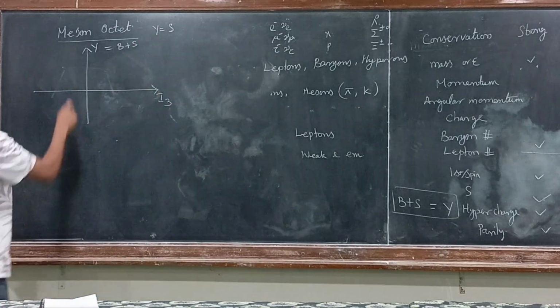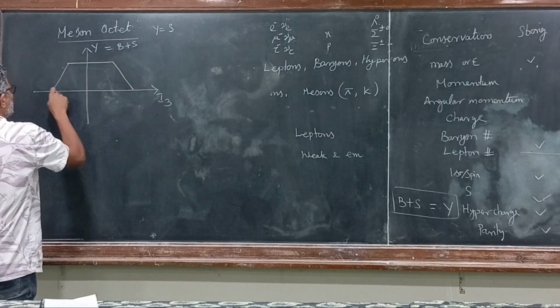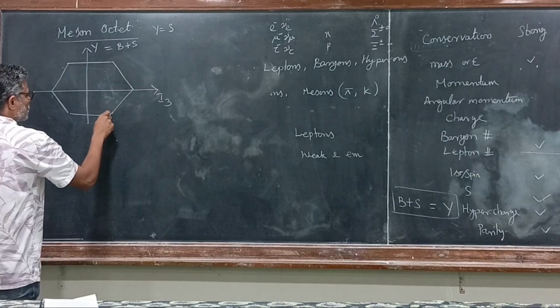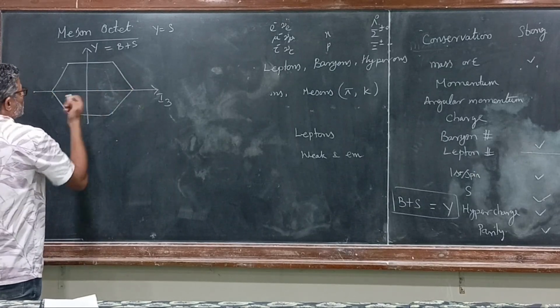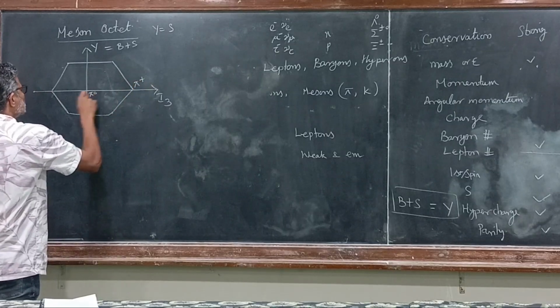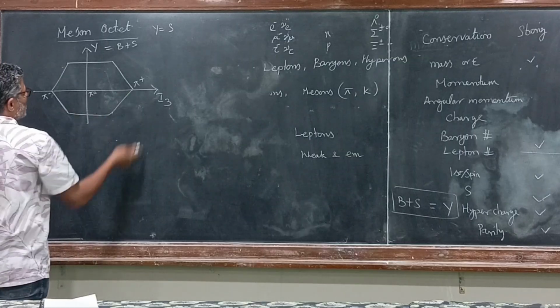Then you have a hexagon or octet, because you have 8 corners, and 8 particles will be put here. To remember simply, you must know this: pi plus, pi 0, and pi minus. And there is a K meson, pi meson and K meson.